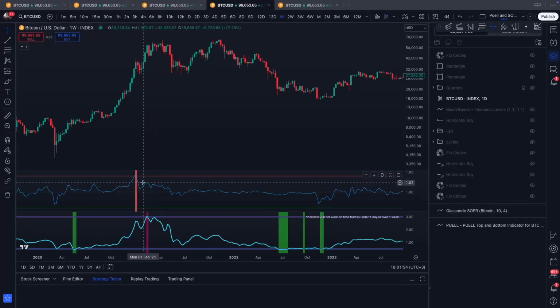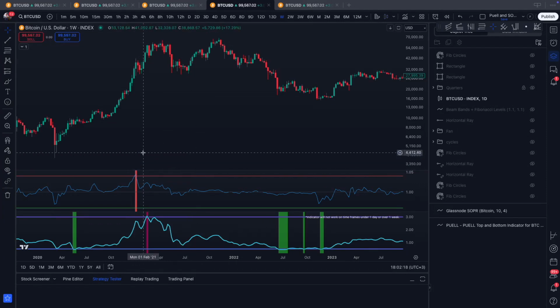Price has gone up, but the SOPR is making a divergence. Again, that could have been a real indication that Bitcoin was going to start correcting heavily. Even in the final top that happened later on, it was even lower than before. And once it goes below the midpoint, then you're really in trouble, and you should be getting out of the market.